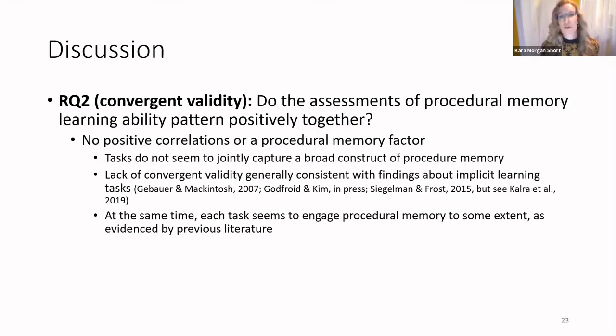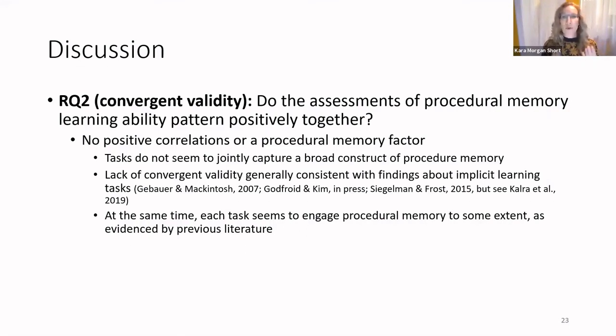In regard to convergent validity, we did not find any positive correlations or the emergence of a procedural memory learning ability factor. So these tasks of procedural memory do not seem to jointly capture a broad construct of procedural memory learning ability. Interestingly, this lack of convergent validity generally is consistent with findings about implicit learning tasks.